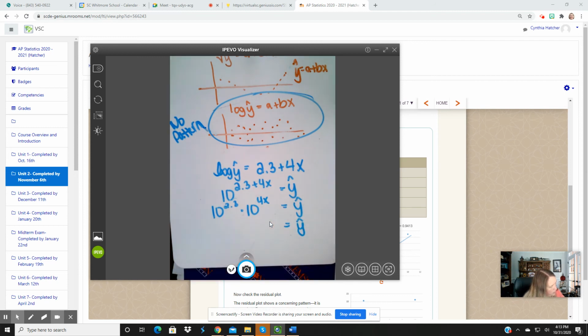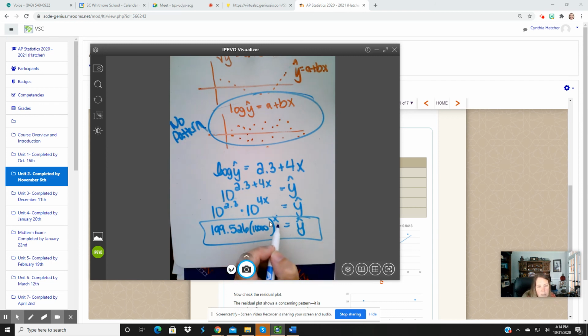And I would literally do 10 to the 2.3 on the calculator, the batteries are low on it, which is 199.526. And I would do 10 to the fourth, which is 10,000. Remember, I made this up. And then to the x power. This would be solved for y hat, and I can now use it for prediction.